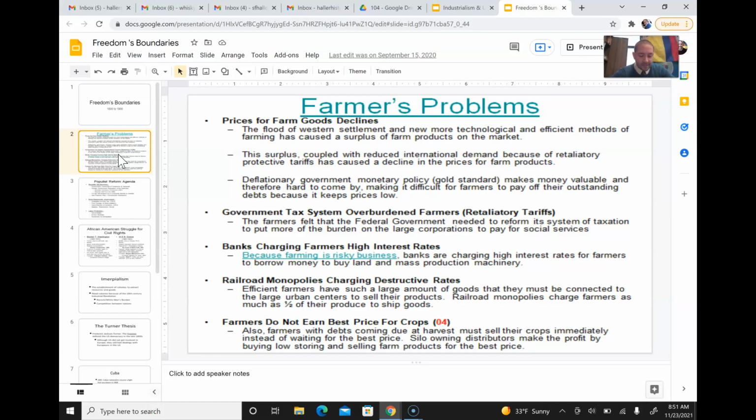And there's going to need to be a change in the monetary policy. There's the gold standard, the standard by which all American money is based, and being tied to that gold standard basically means that the price is tied to the value of gold.